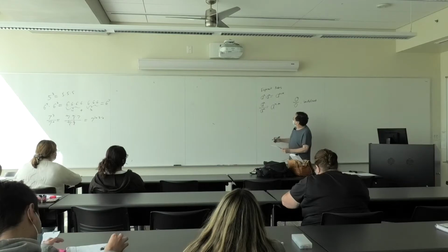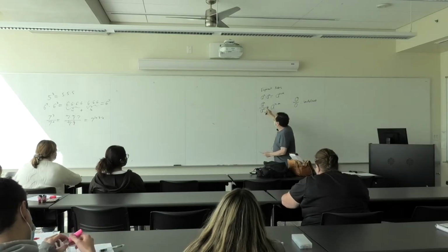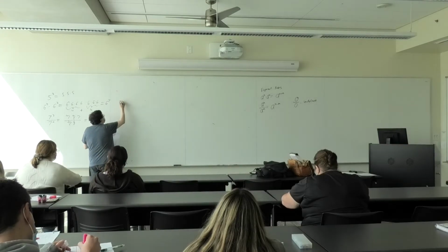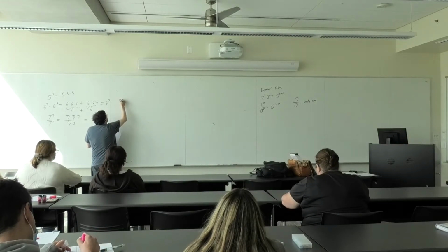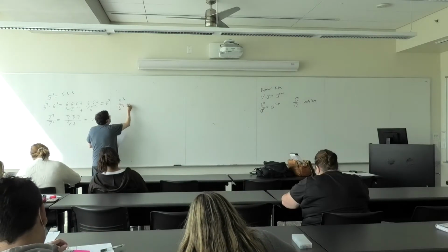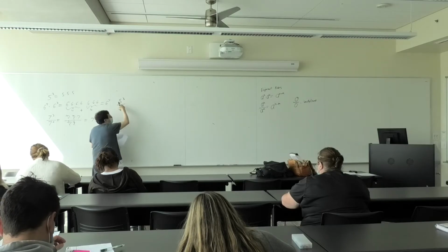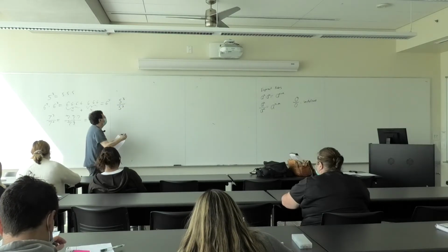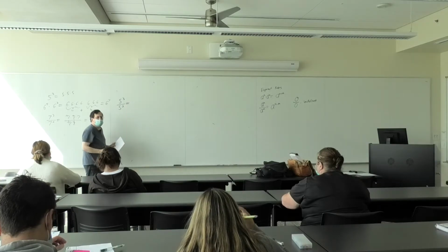All right. Well, let's check something out here. According to this rule, if I had say 5 to the 3 over 5 to the 3, what is that? We know what that is, right?